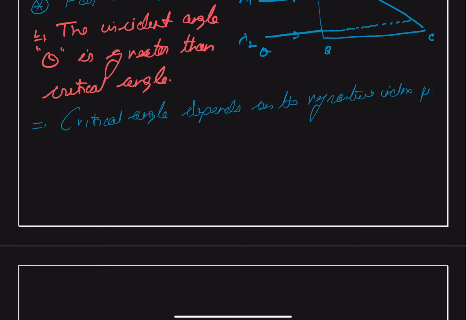So we can say that larger mu, larger is the refractive index, results in smaller critical angle.